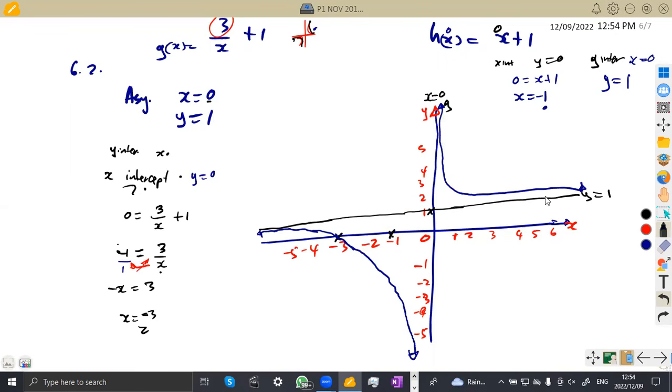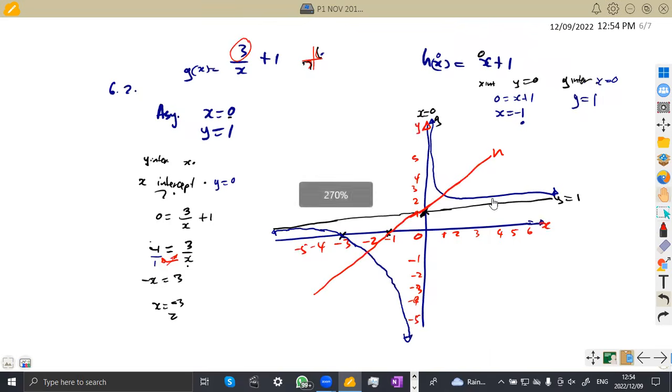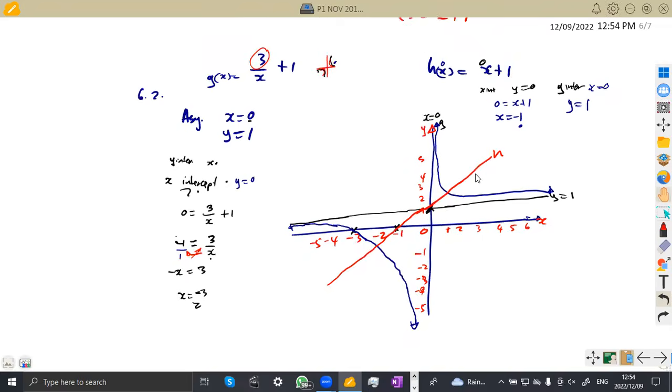That's -1 here. The y-intercept is at +1, which is here. So we're just going to join these points, from -1 up through 1 and so on. All right, so this is going to be your h, which is x plus 1. So that was the sketch. I think it's clear.